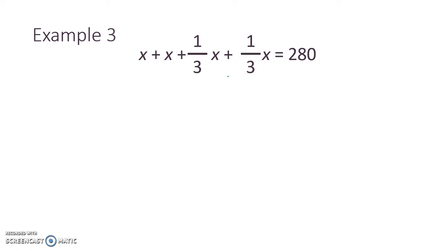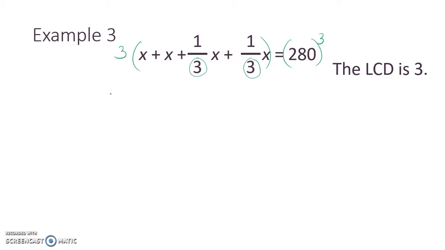So let's go ahead and solve this. So we want to get rid of our denominators. Luckily, it's just a 3, so our common denominator is 3. So we're going to multiply everything on the left by 3, and everything on the right by 3.